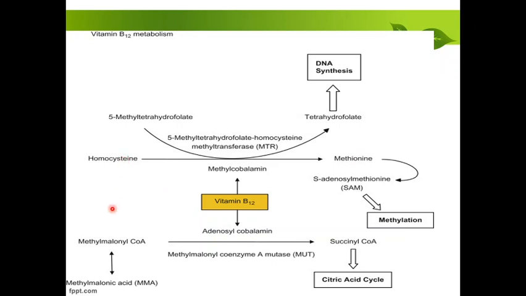On one side there is a loss of homocysteine, and basically the function is that homocysteine combines with 5-methyl tetrahydrofolate in the presence of MTR, methyl tetrahydrofolate homocysteine methyltransferase. Tetrahydrofolate is formed, and this tetrahydrofolate is required in DNA synthesis. So it's better if you remember this part, that is, what is the role of 5-methyl tetrahydrofolate in producing DNA.